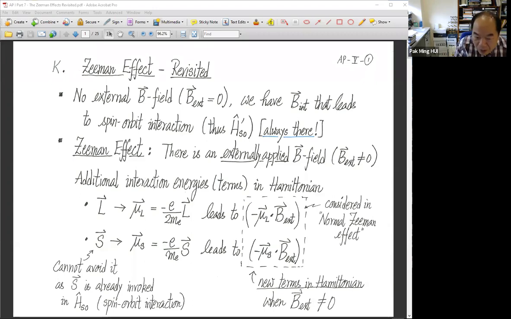But at that time, we ignored spin. Even pretended they don't exist. But now we know it's the spin. But at the same time, once we have spin, we cannot avoid spin-orbit interaction.